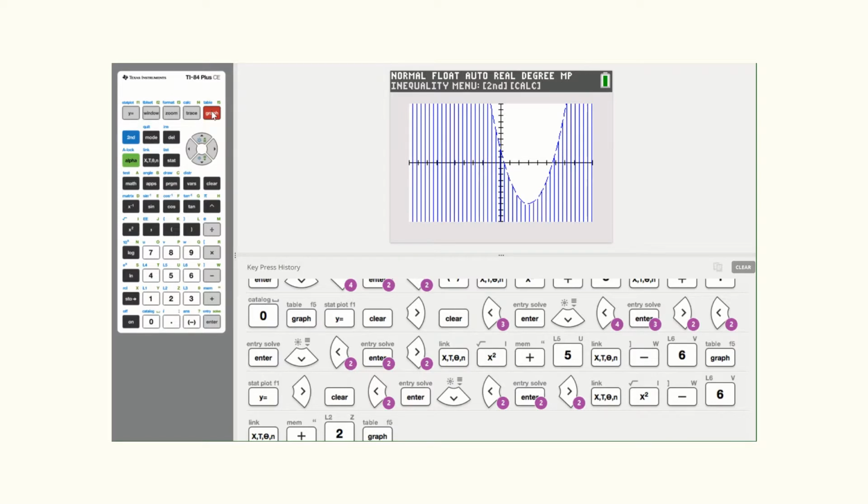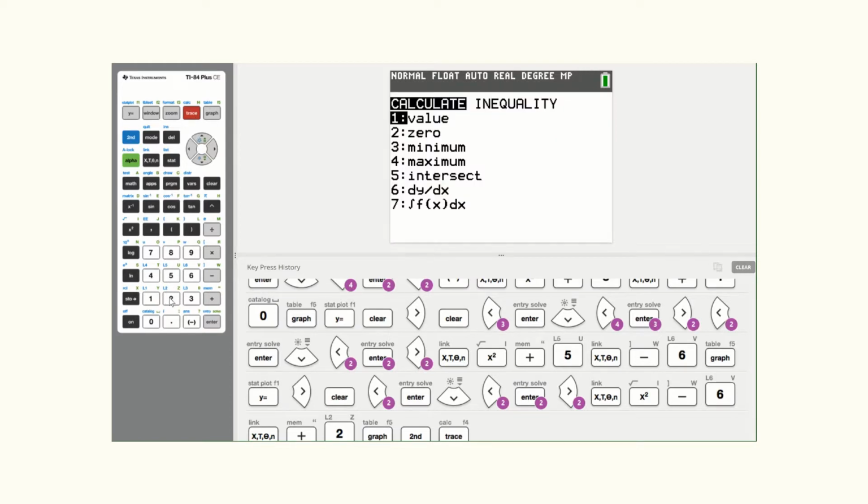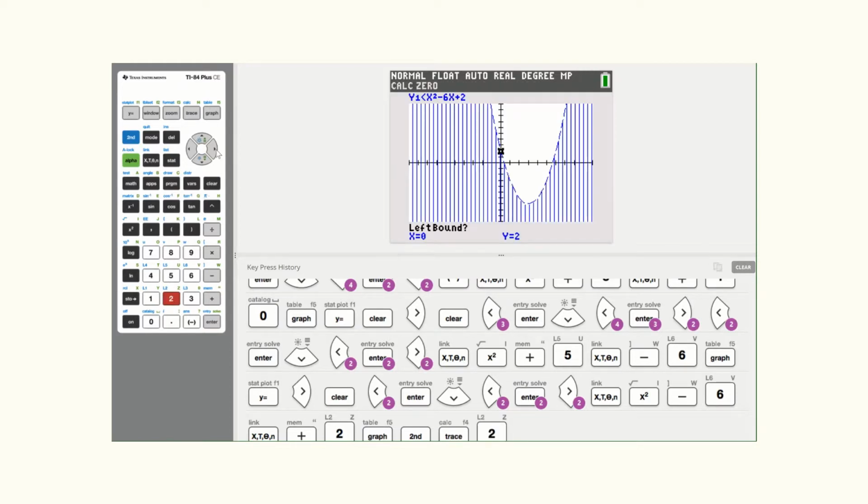Okay, so I got an or statement here, obviously. Now, if I'm looking at this, my zeros are not on one of the grid lines, but I can find what those are with my graphing calculator by hitting second, trace or calc, and choosing option 2, zero. I want to move that cursor to just above the x-axis. I'm going to move it back one. Left bound, yes, I'm going to hit enter.